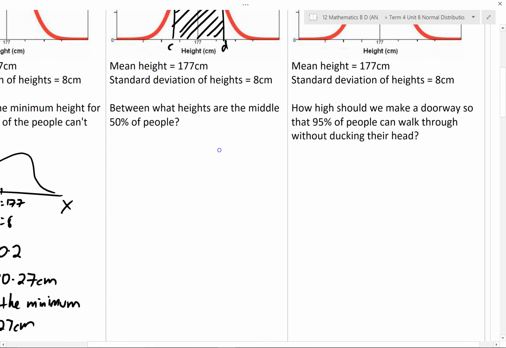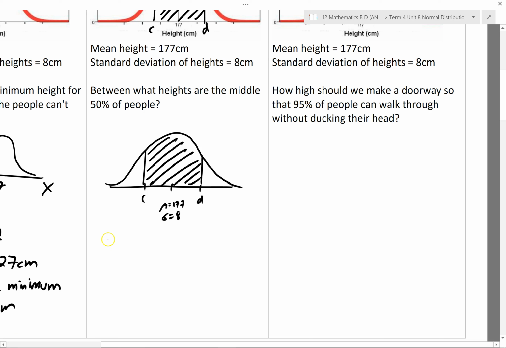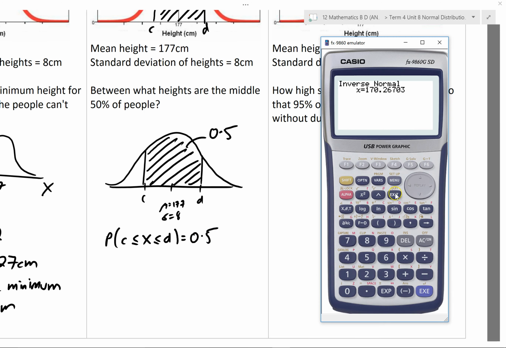Again, you won't necessarily have that diagram for yourself, so you better draw one yourself. I'm after the probability that X is between C and D to be 0.5.